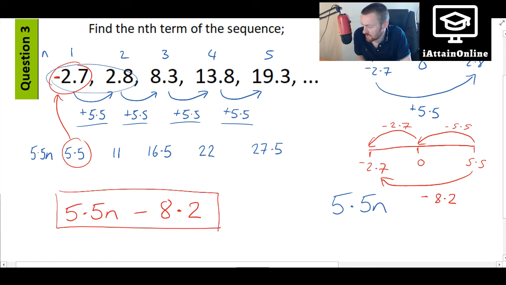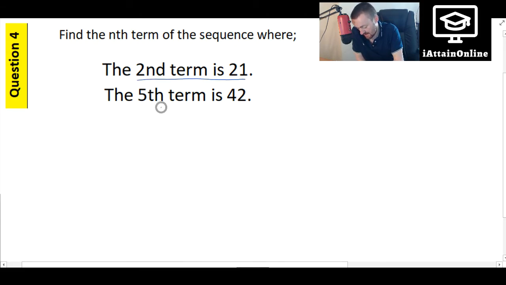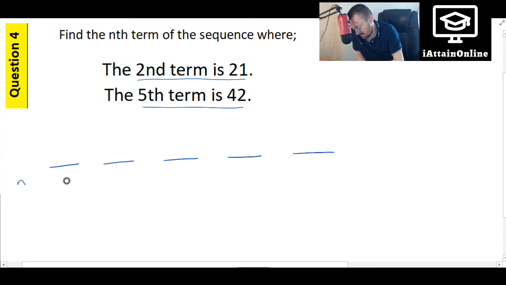Okay, last question I'd like to go through, last difficulty level. This one's slightly different. You are told that the second term is 21 and the fifth term is 42. So if you think about it like this, n here is 1, 2, 3, 4, 5.